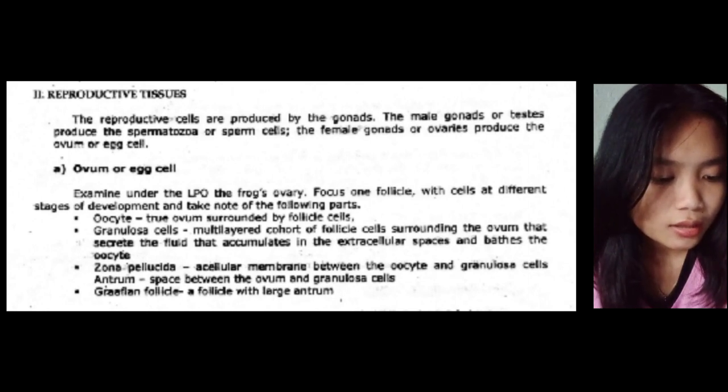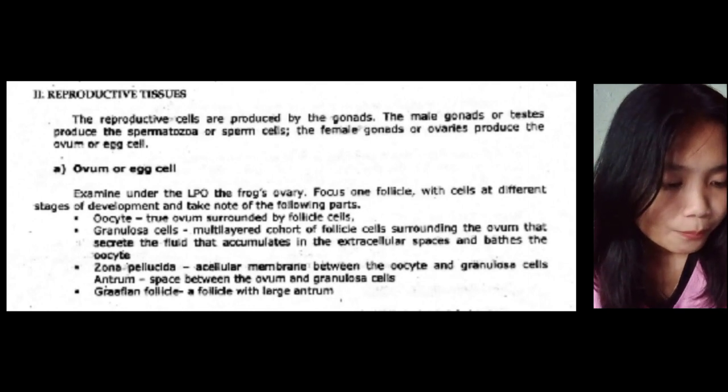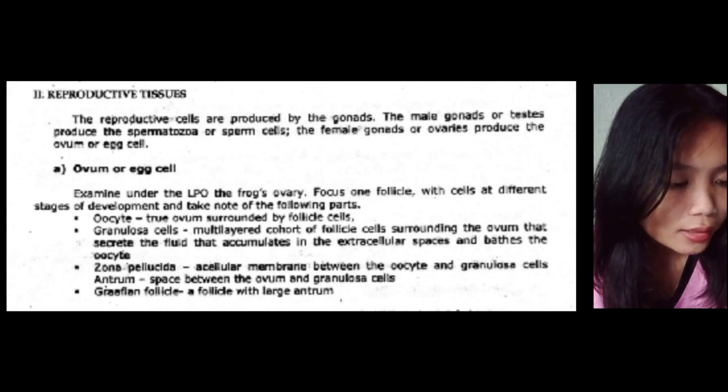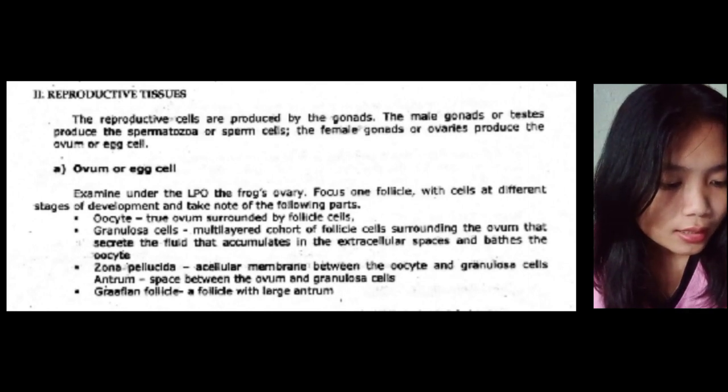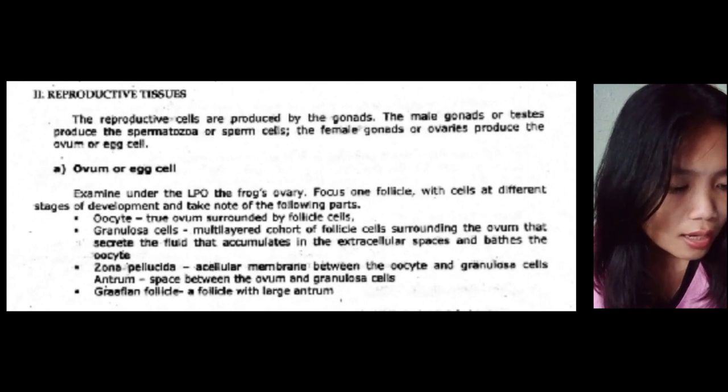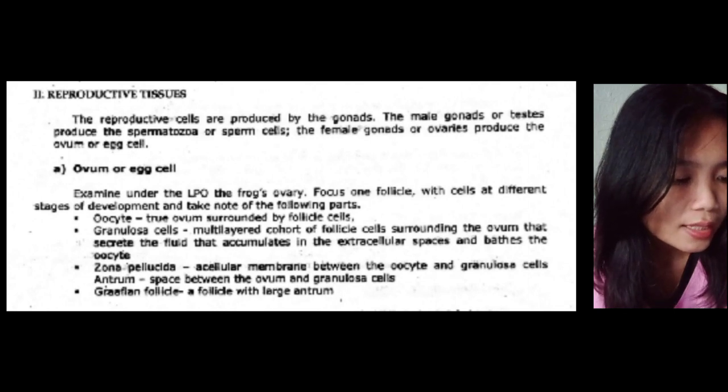Then second, granulosa cells. Multi-layered cohort of follicle cells surrounding the ovum that secrete the fluid that accumulates in the extracellular space and bathes the oocyte. Then we have third, zona pellucida. A cellular membrane between the oocyte and granulosa cells.